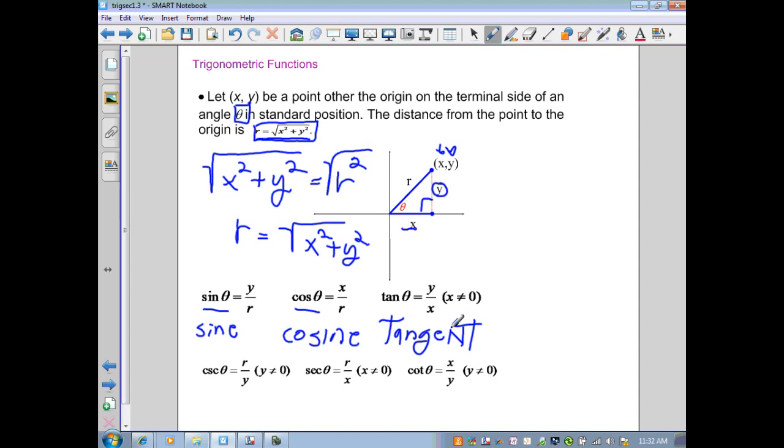Down below, we have the reciprocal of sine, which is cosecant. We have the reciprocal of cosine, which is secant. And we have the reciprocal of tangent, which is cotangent.